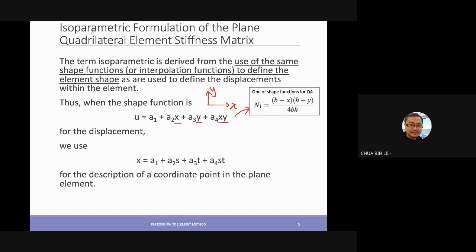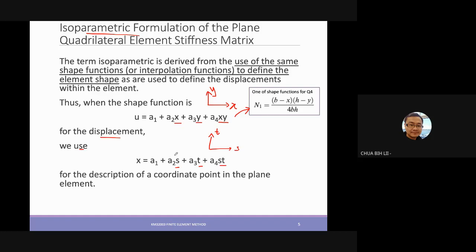In terms of the isoparametric formulation, you can see that the relationships are actually similar. We still use the same displacement functions, or similar types of displacement functions, such that now, instead of using x, we use a natural coordinate S and T. So this would be our new coordinate system, S and T. The parameters are still the same, the constants A1, A2, A3, A4.